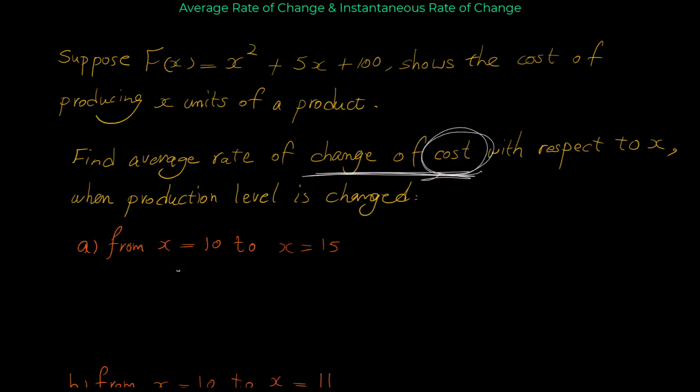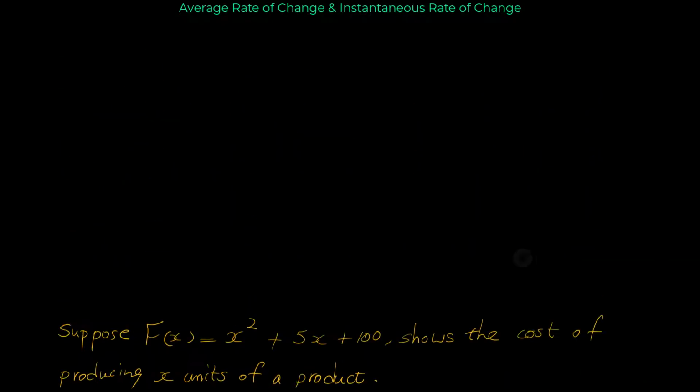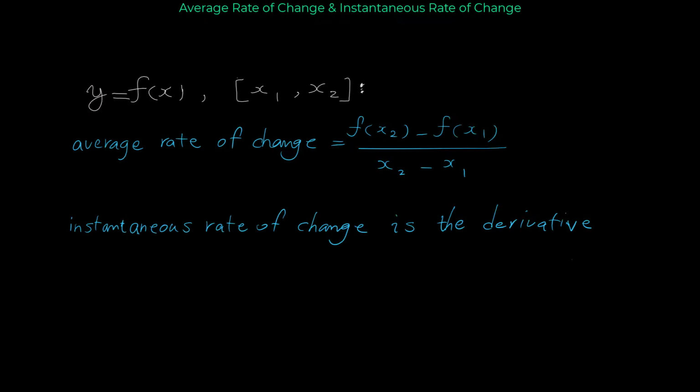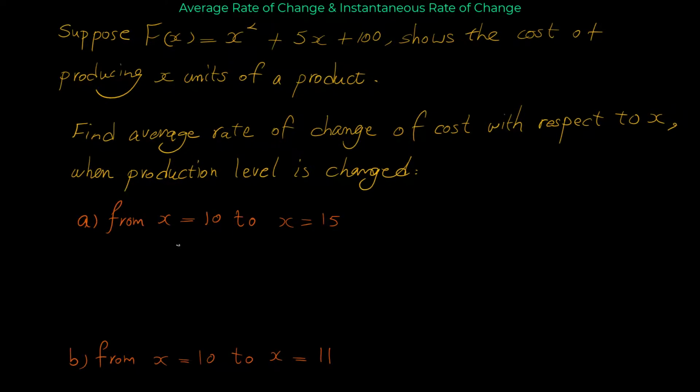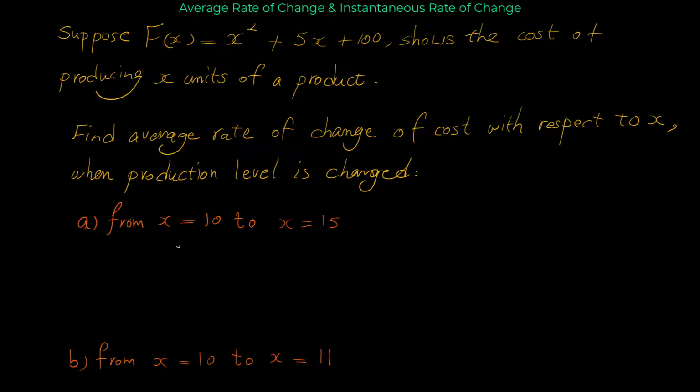Based on the definition of average rate of change, we have to find f of x2 minus f of x1 over x2 minus x1. x1 and x2 are the given numbers. Always when we want to find average rate of change, we need to have 2 points, a starting point and an end point. x1 in this question is 10, x2 is 15.